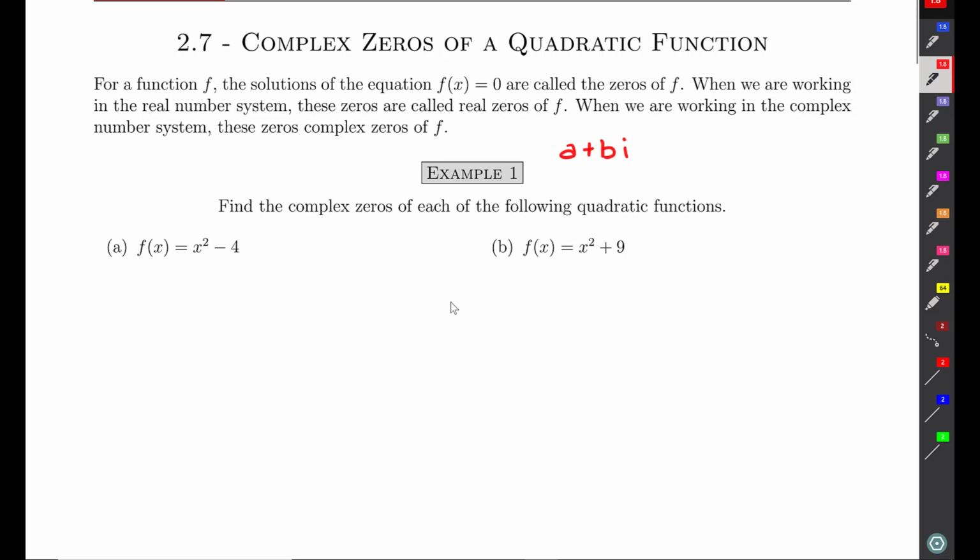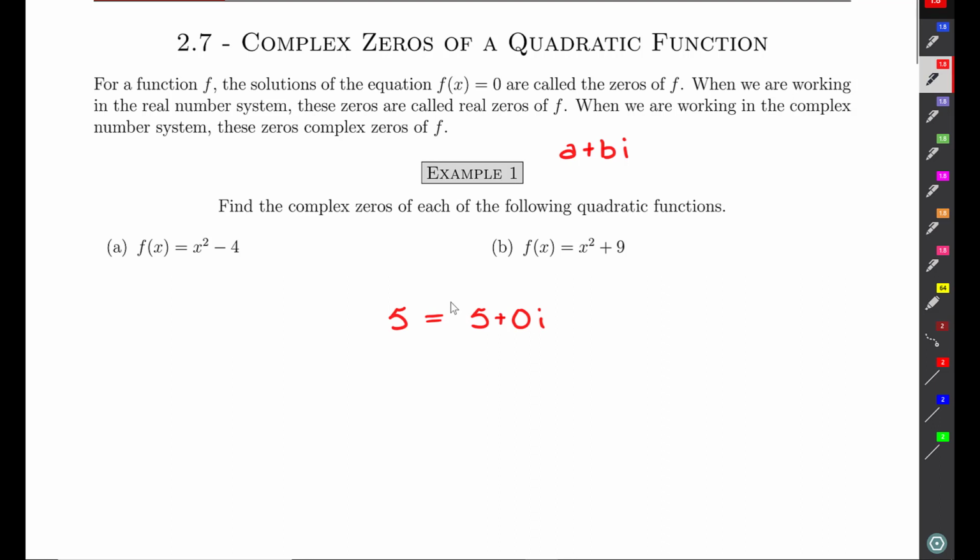I'll give you an example here, and then we'll go on and work through parts A and B. The number 5, for instance, is a complex number because we can express 5 as 5 plus 0i. It's 0 times the imaginary root, which is still 0, and we just get 5.